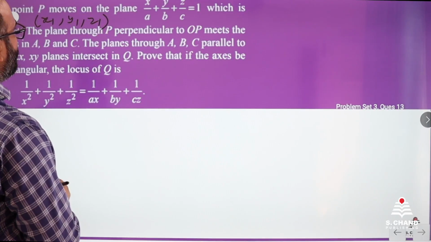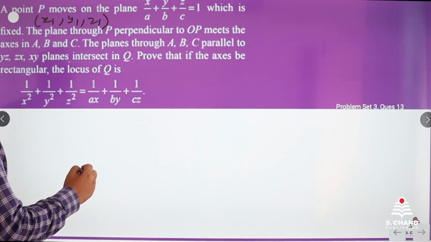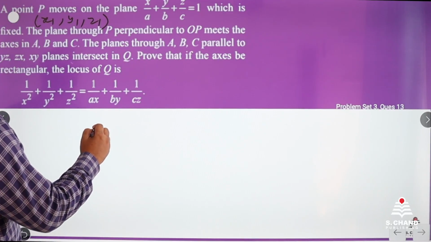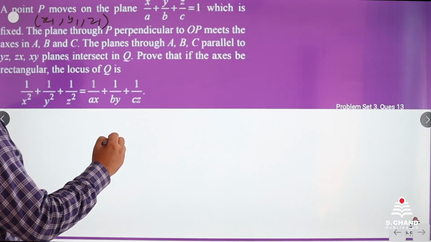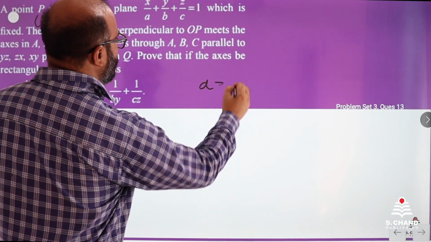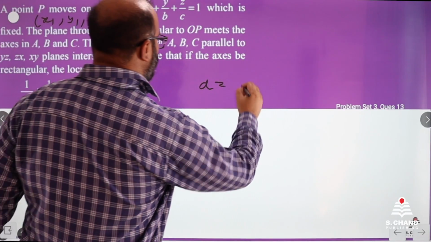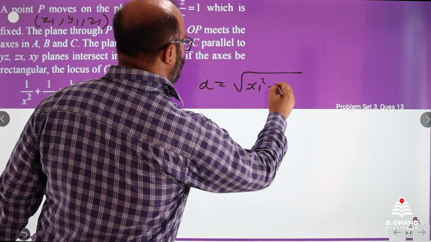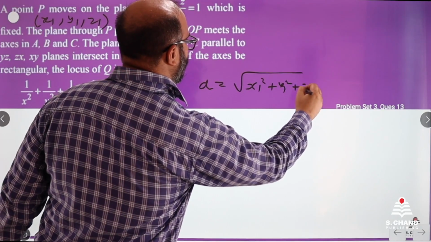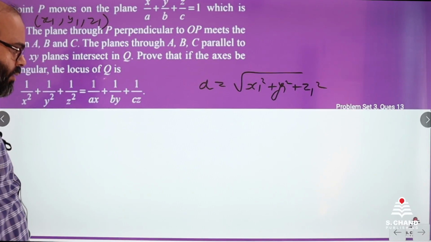If you take a plane which passes through P and is perpendicular to OP, we can say that the distance from origin is OP, which is root over x1 square plus y1 square plus z1 square, right? That is the distance from origin of this plane.